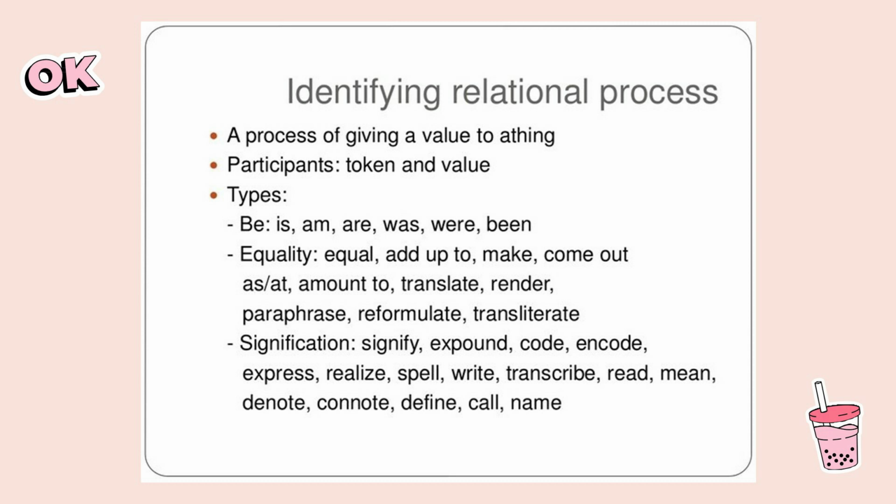The next type is equality. The examples are equal, add up to, make, come out as or add, amount to, translate, render, paraphrase, reformulate, and transliterate. The next type is signification.